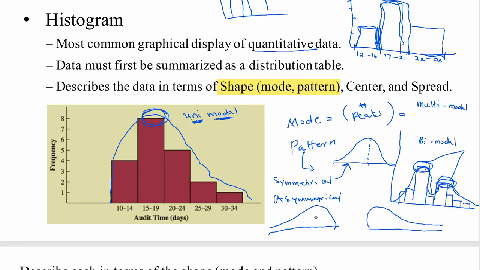Now you clearly agree with me, when I divide this into two, this side here is not the same as that side. Also, when I divide this into two, this side is not the same as that side. So symmetrical distributions have mirror images of each other. This may not be the best symmetrical distribution there, but it's fairly symmetrical. Asymmetrical are not mirror images of each other.